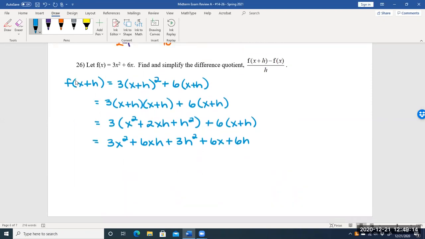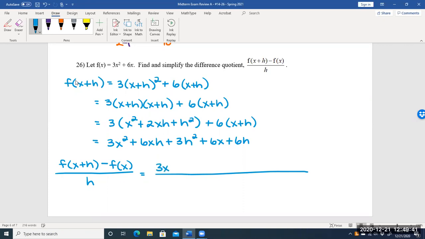Okay, so now I'm going to go ahead and start this difference quotient. So in the numerator, I first have f of x plus h. And f of x plus h is what we just found. So I'm going to copy that up in the numerator over on the left.